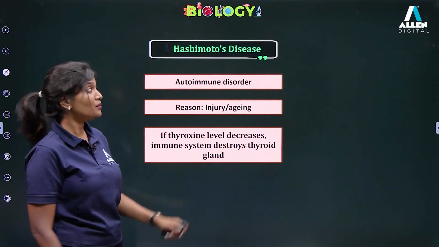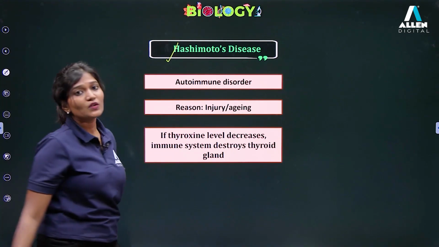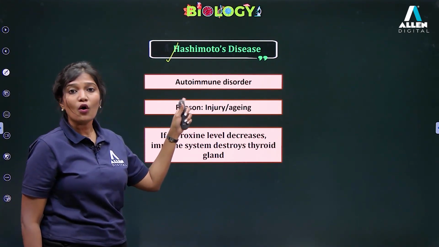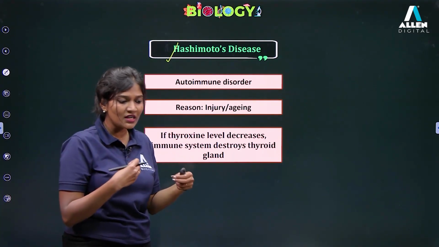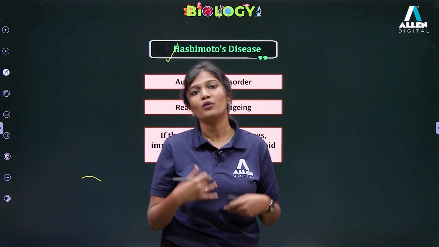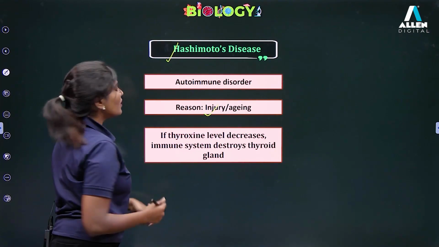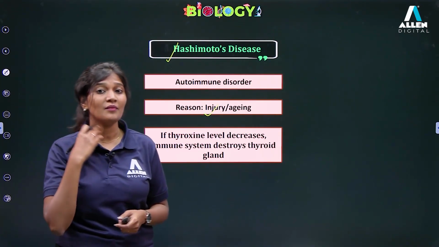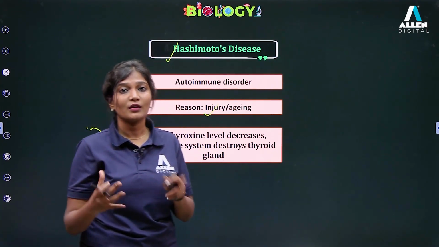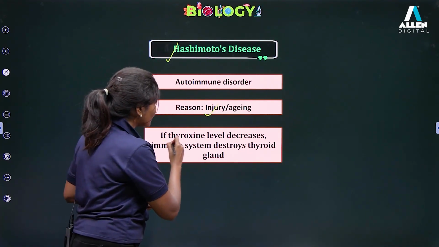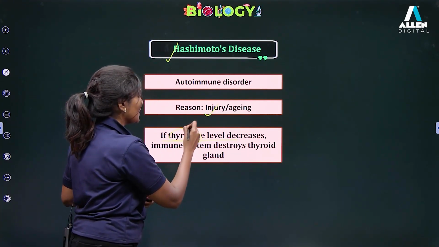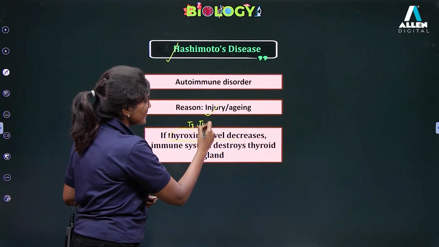The next one, Hashimoto's. So this is also because of hypothyroidism, and it's an autoimmune disorder. Our body just destroys our own thyroid gland. But why does it happen? Suppose there is an injury or some kind of aging, and because of this, the thyroid gland will be damaged. Because the thyroid gland is damaged, of course, T3, T4 levels decrease.